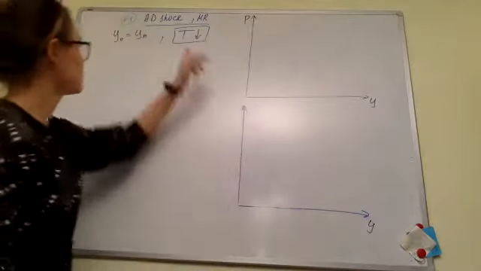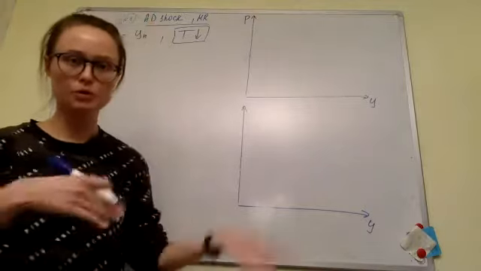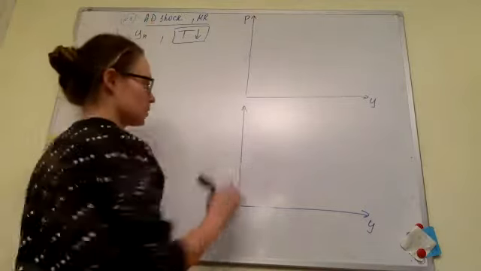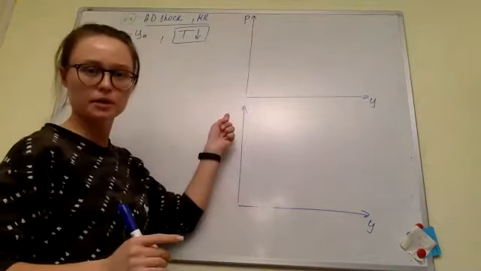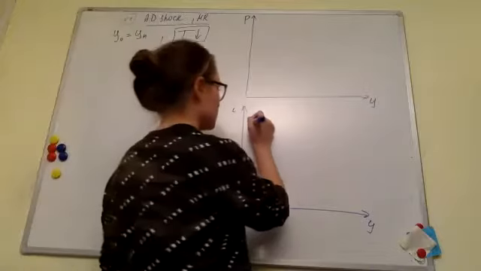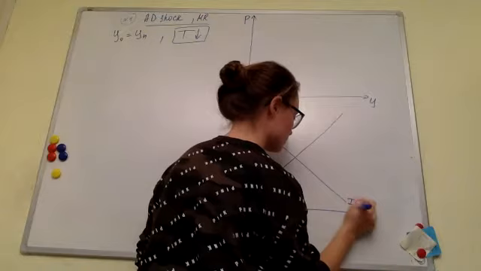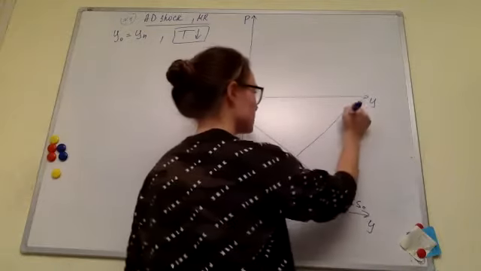Here we see aggregate demand shock. So it's about IS and LM. Here will be interest rate, ISLM. Let's draw ISLM. This will be IS0, LM0.